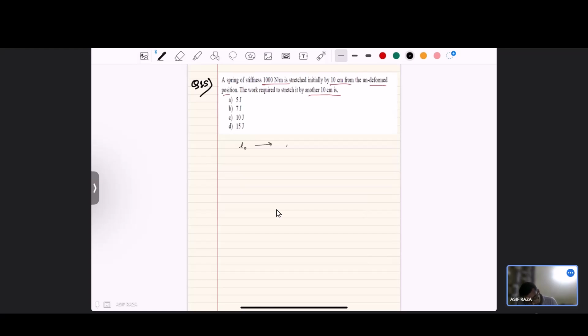From there it is stretched to L0 plus 10 centimeter, so that is L0 plus 0.1, in meters. Then again we want to stretch it by another 10 centimeter. That would give my final length as L0 plus 0.2 meter. So we want the work done from the first to the second.